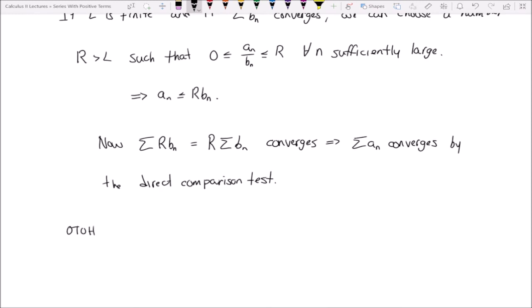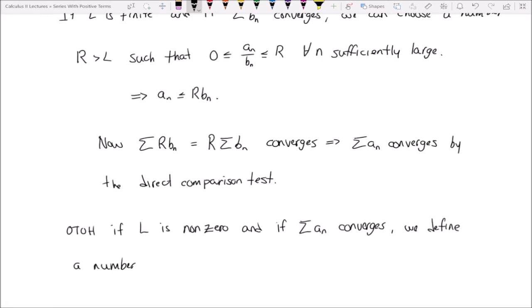On the other hand, if L is non-zero, and if a sub n converges, what we do is we define a number, k, to be the limit as n approaches infinity of b sub n over a sub n.